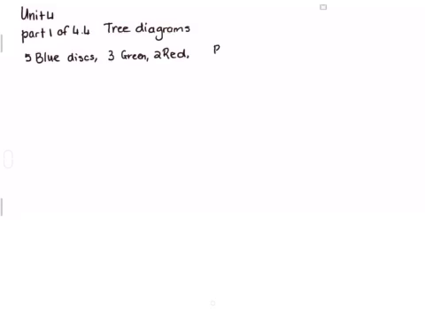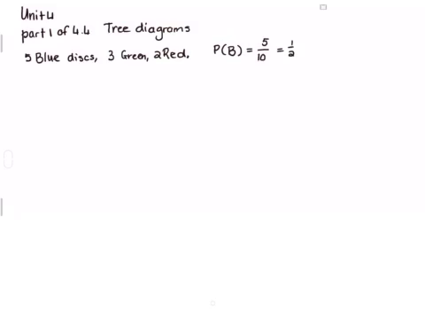What is the probability of getting a blue disc if I draw one disc? There are how many blue discs? 5 out of how many discs altogether? 10. So in general, if I would draw a disc out of this bag, half of the time I would get a blue one.